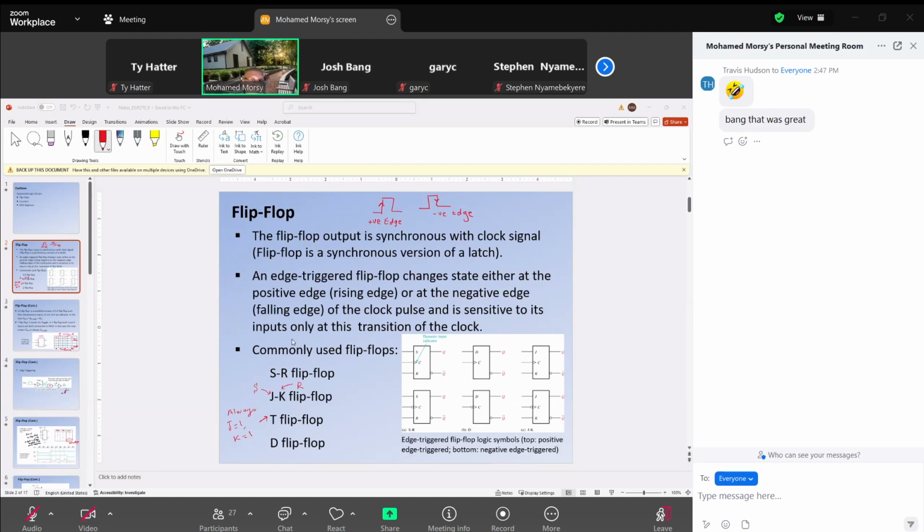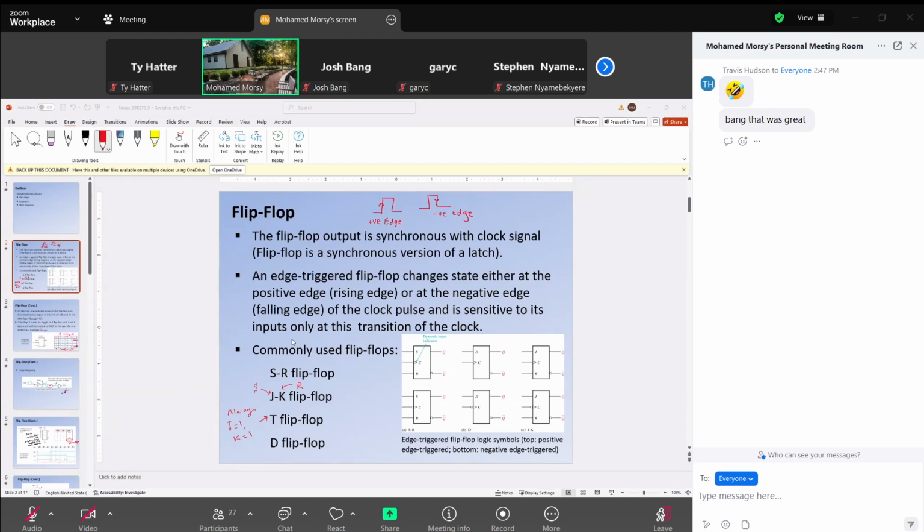When you see J and K always connected to logic high, this is a T flip-flop. With each edge, either positive or negative edge, based on the type of the flip-flop, the output is inverted. So if the previous state is 0, the new one will be 1. If it is 1, it will be 0 with each edge. This is the function of the T flip-flop.